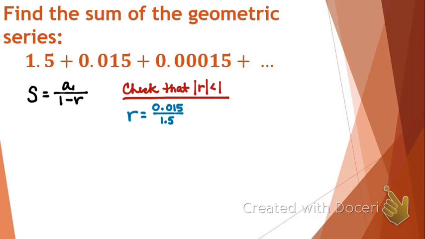Any two consecutive terms you can do this with. You would just take the one that comes later in the sequence and divide it by the one that comes right before it. And this gives us 0.01. Is that less than 1? The absolute value of that is less than 1. So an infinite sum exists.